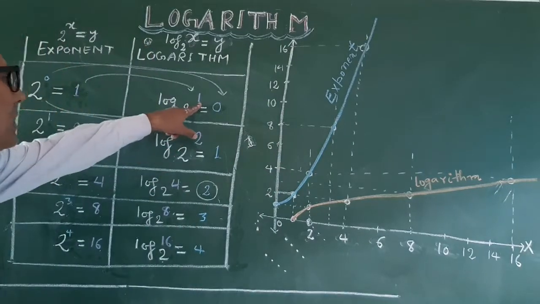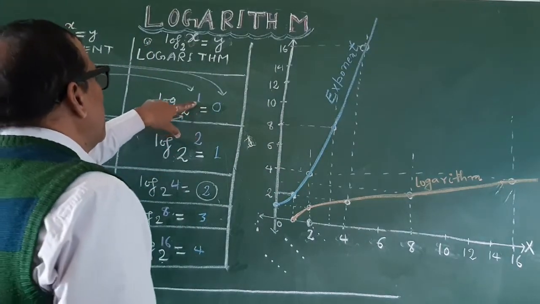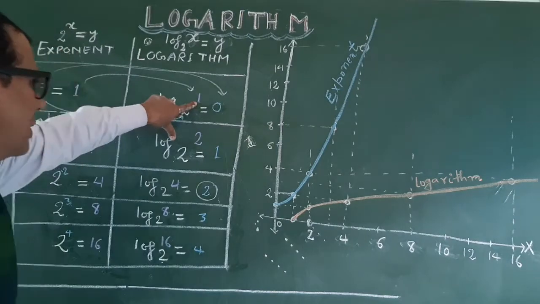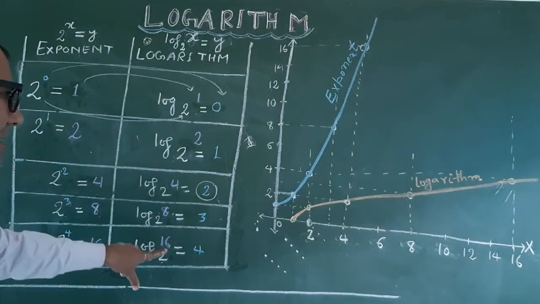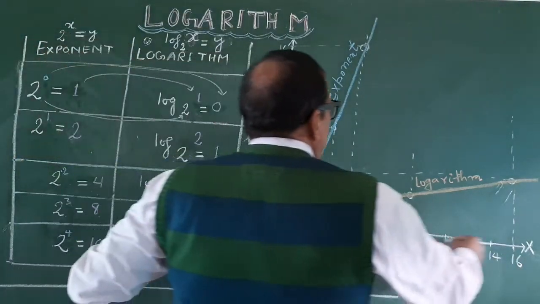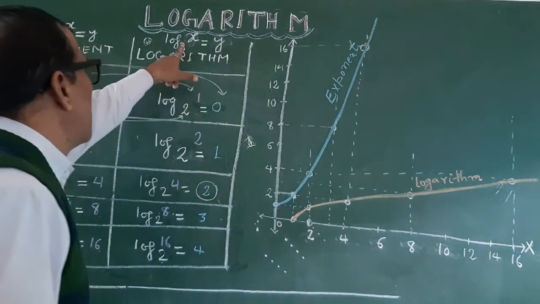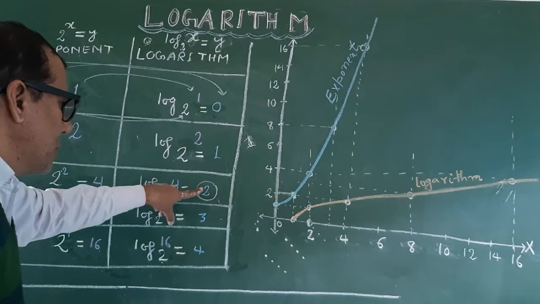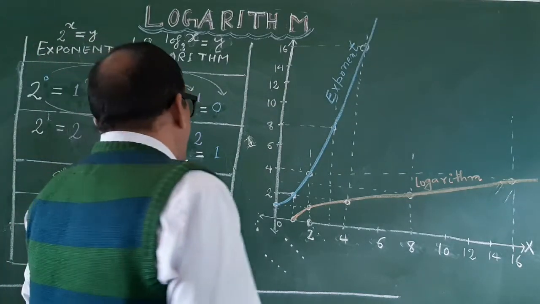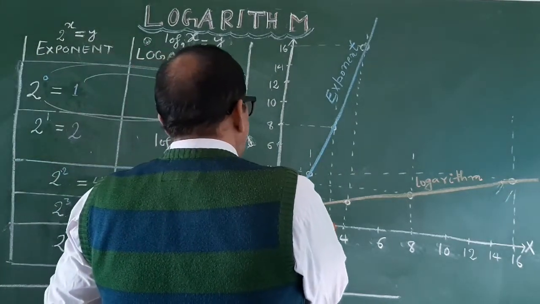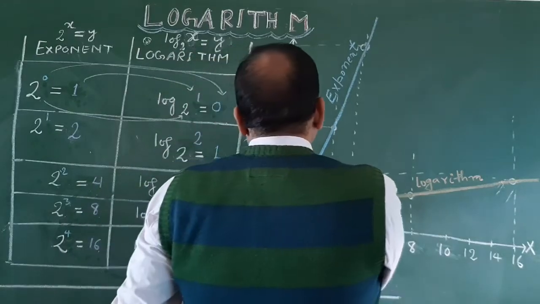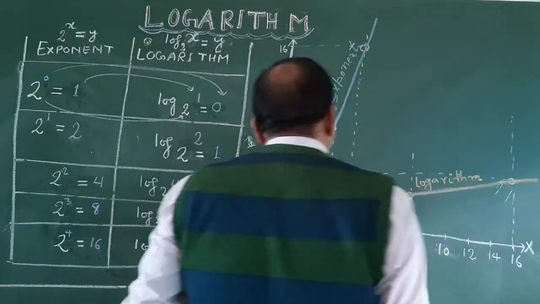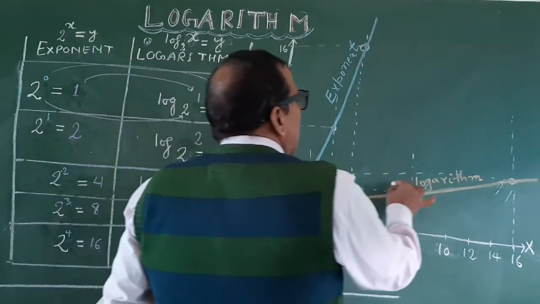In the same way, taking 1, 2, 4, 8, 16 on the x-axis, and 0, 1, 2, 3, 4 on the y-axis, again we get a graph.